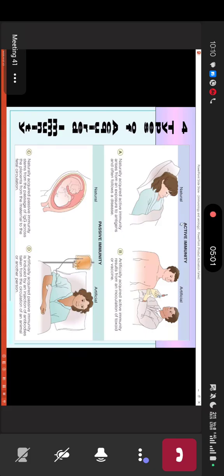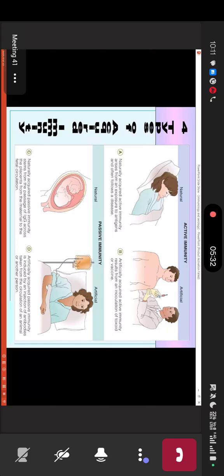If I talk about active acquired immunity, in active there is natural. A person naturally produces antibodies by exposure to an antigen. I already gave you the example that a person is exposed to Widal antigen and our body starts producing antibodies against that.